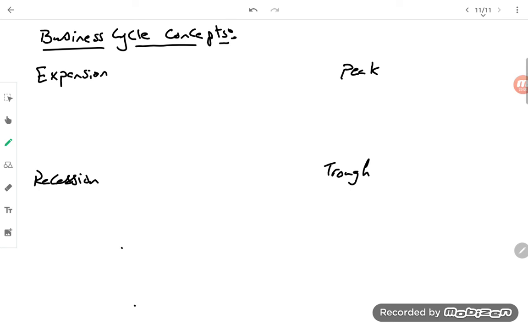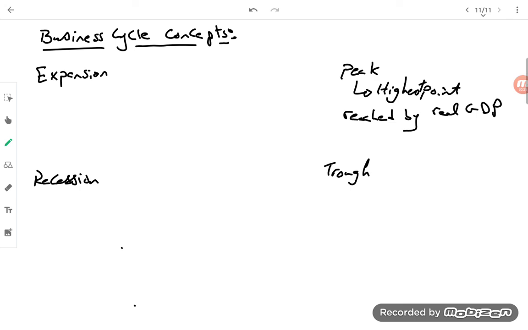Peak means the highest point reached by real GDP in each cycle. And trough is the lowest point reached by real GDP.